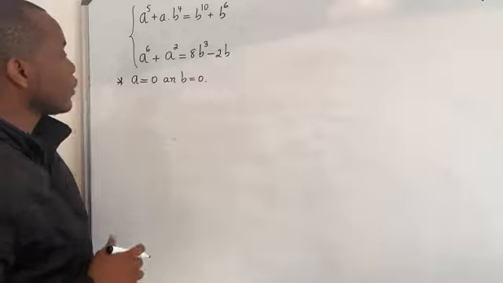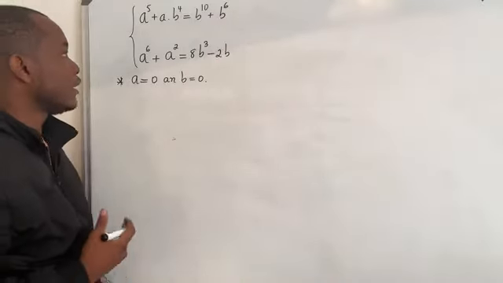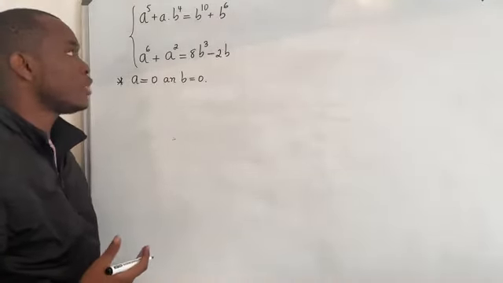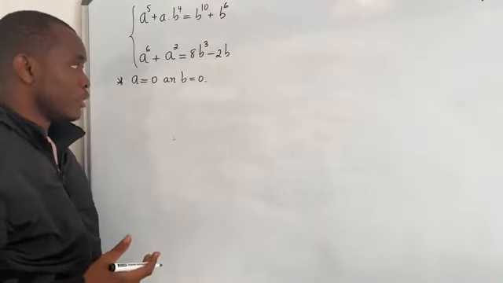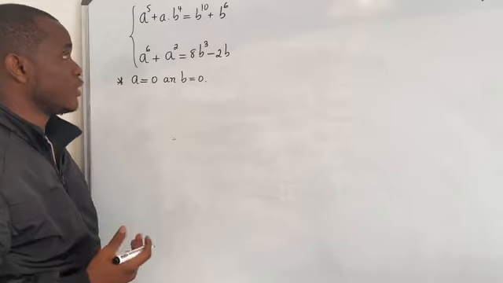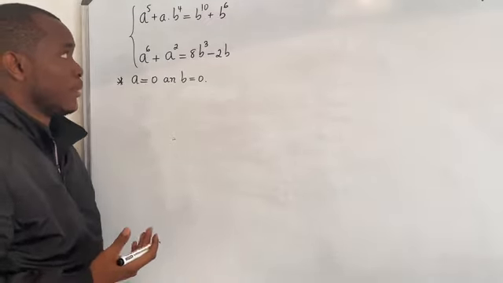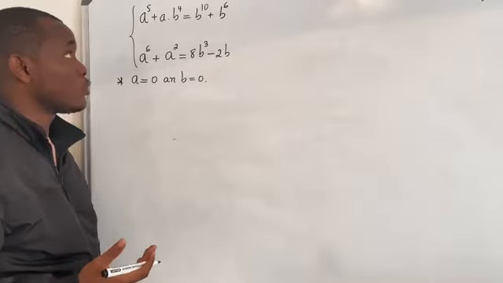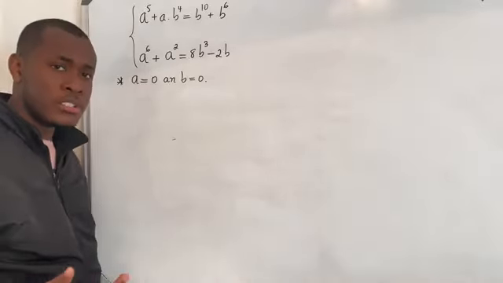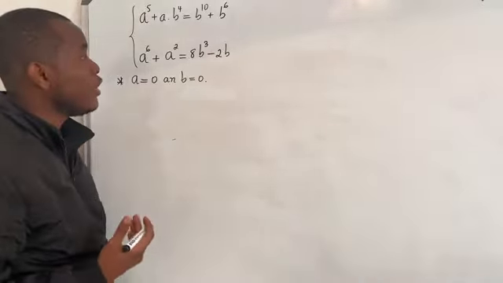We saw that. But let's say we want to analyze if there is another solution different than 0 for a and b. For us to do so, let's consider there is a value b which is different from 0 that also satisfies our simultaneous equations.